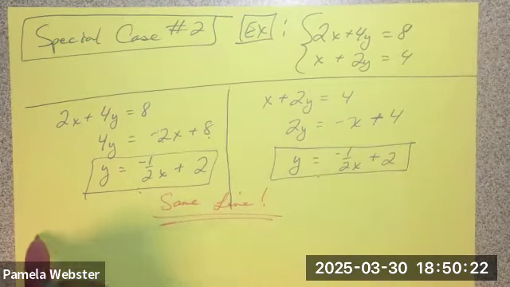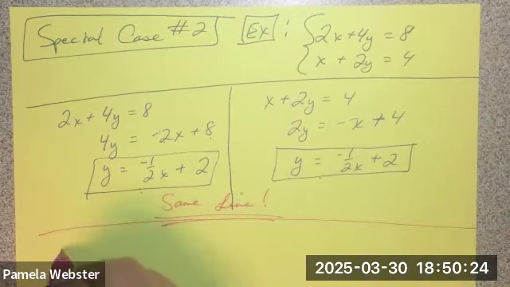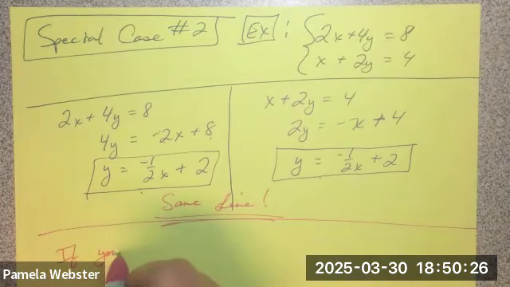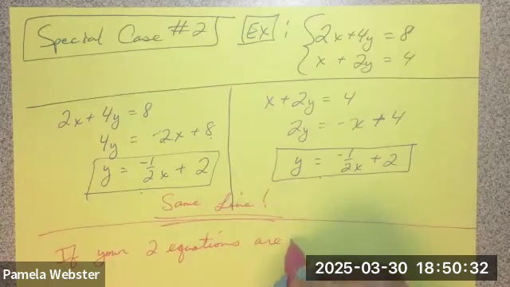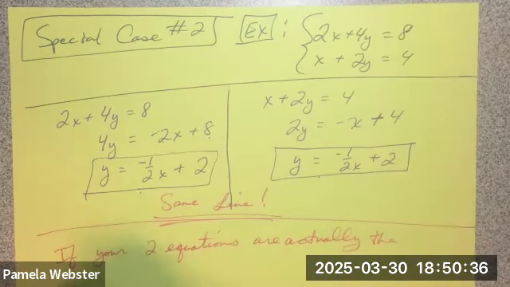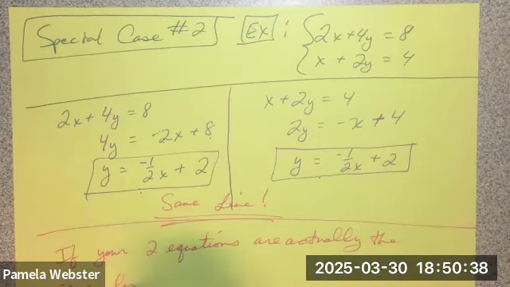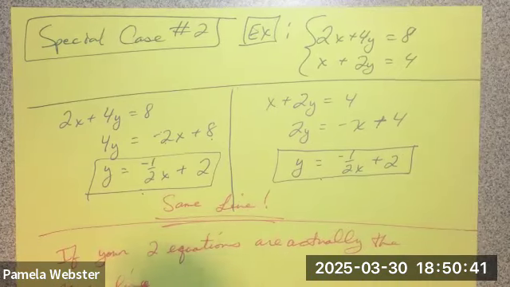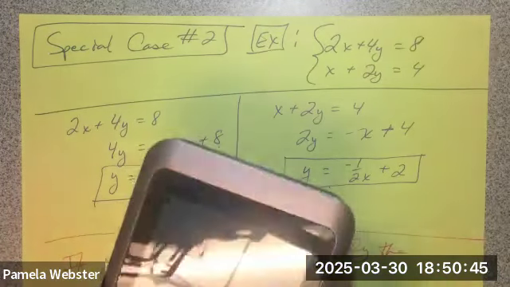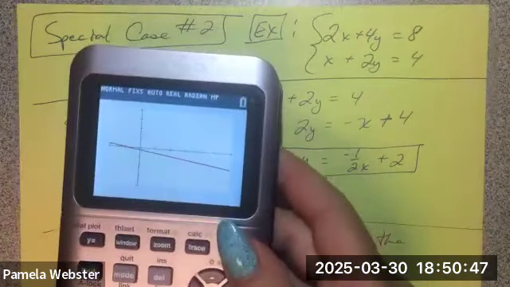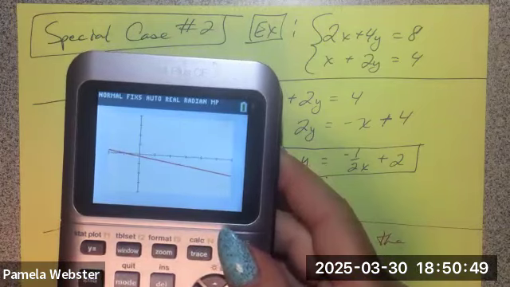And what did we see just happen a minute ago? Okay. If your two equations are actually the same line, what was it? What happened? Let's see. They're right on top of each other, aren't they?